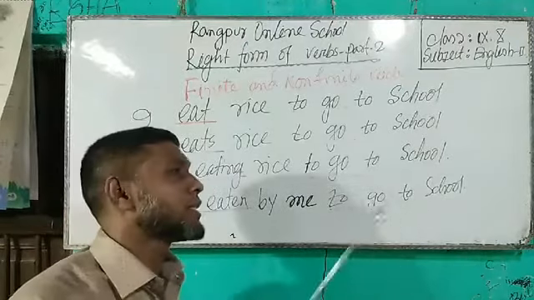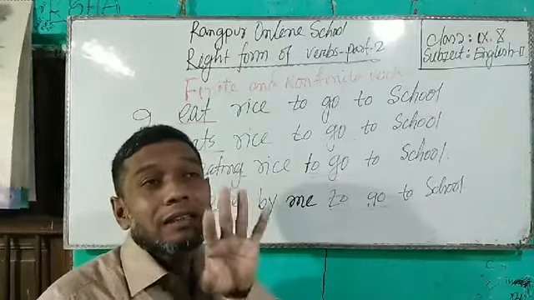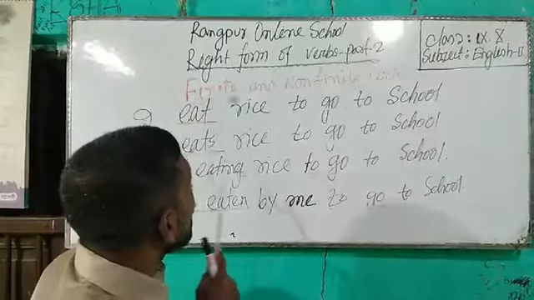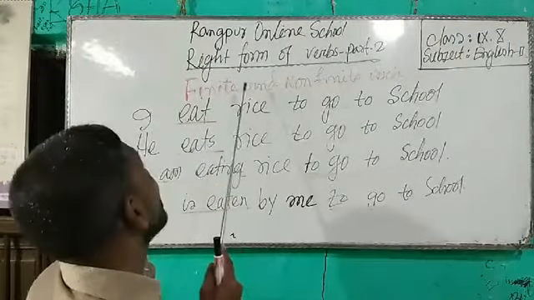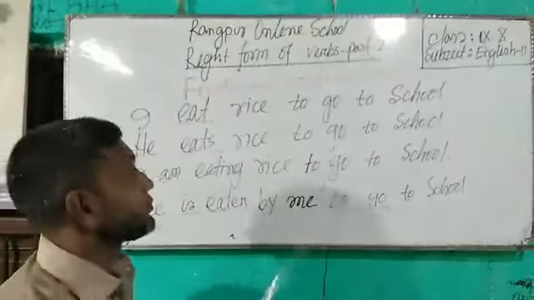Among the 3 techniques, what are they? I told you in my last class, we have to take 3 techniques. Number 1, I must know the use of finite and non-finite verb, and how I can identify and indicate them.